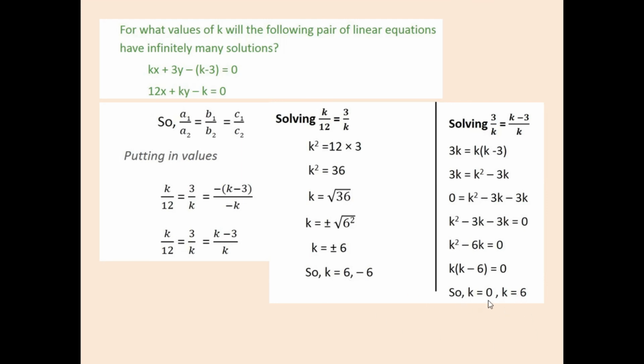But k equal to 0 doesn't exist here. k equal to minus 6 doesn't exist in this particular case. So we ignore k equal to minus 6 from this case. We ignore k equal to 0 from this case, and we write down the consolidated answer as k equal to 6.